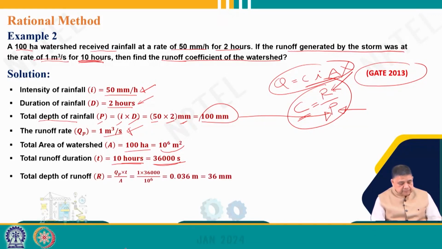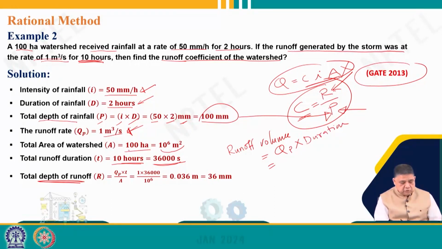So, that simply means what? Because here you remember we have been given in cubic meter per second, if we multiply, we will get the runoff volume equals runoff rate QP times duration.